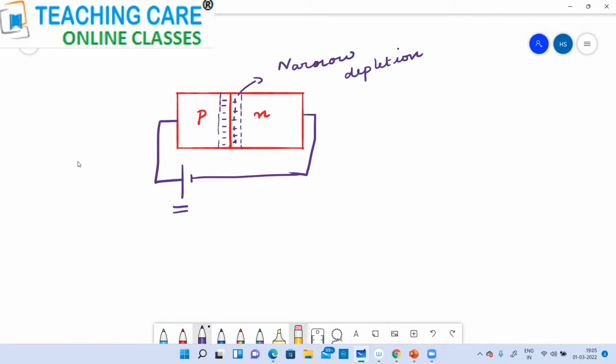Yes, ma'am. So the first one, during the forward biasing, you remember that, isn't it? The applied DC voltage opposes the fictitious battery developed across the PN junction.